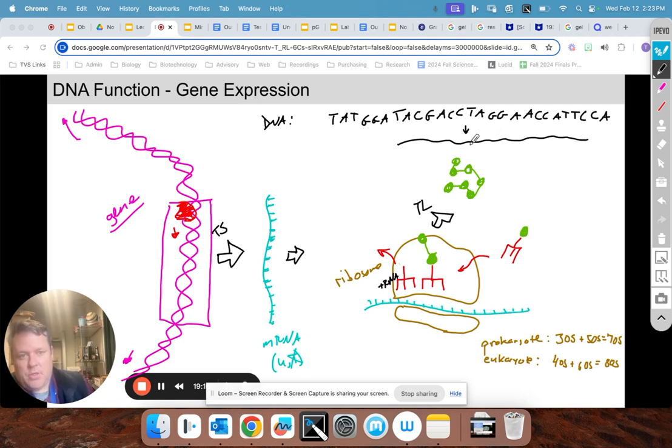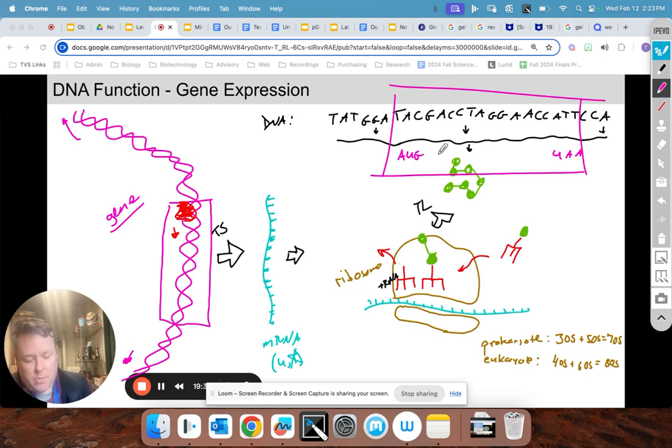And then it will be translated, but only from where it is at. Actually, let's say this whole thing right here is transcribed, right? The entire thing is the mRNA molecule. But it'll only translate from this AUG to the UAA, the stop codon, right? So that's the coding sequence of the gene right there, using the genetic code that I know we're all familiar with.